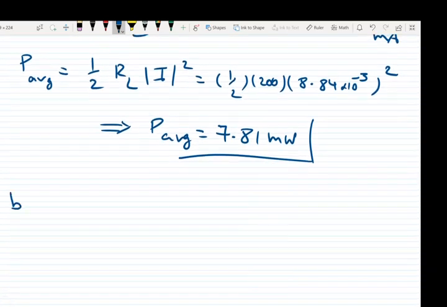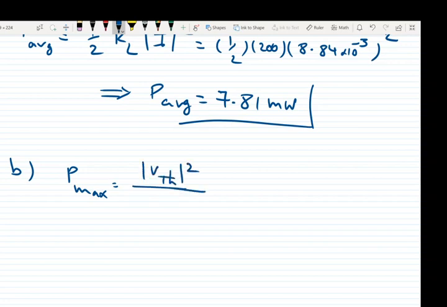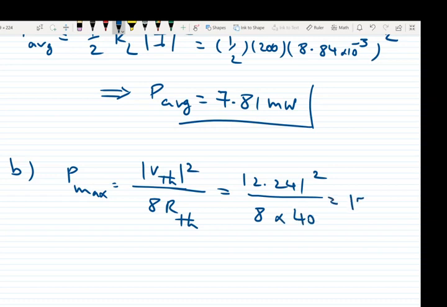The maximum power available at the interface is P max equal to V Thevenin square over 8 R Thevenin, which is equal to 2.24 square over 8 times 40, which is equal to 15.6 milliwatt.